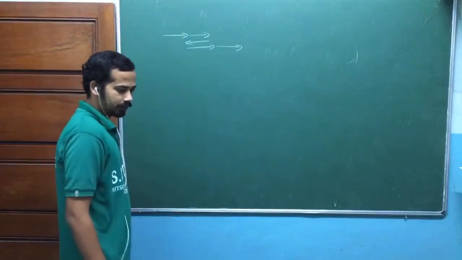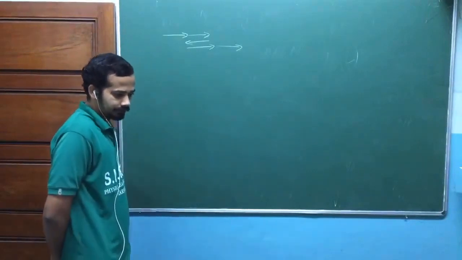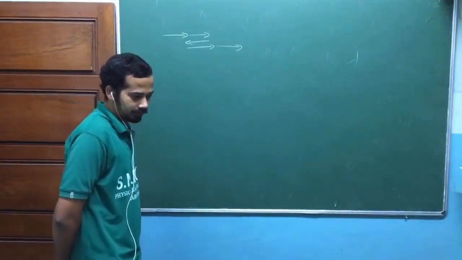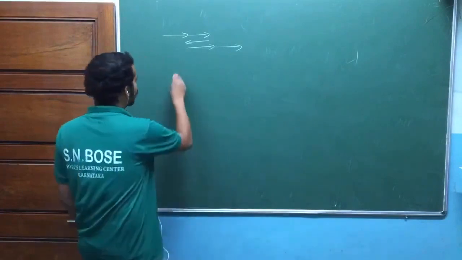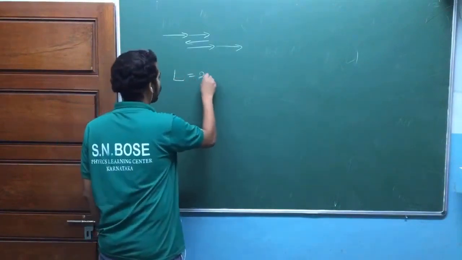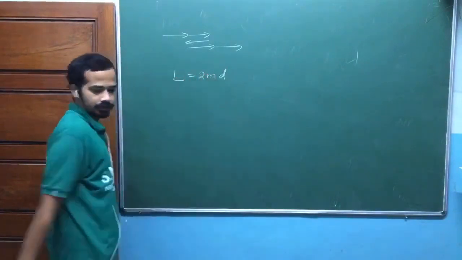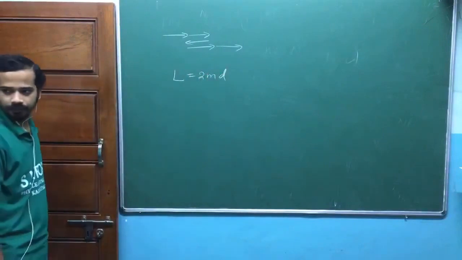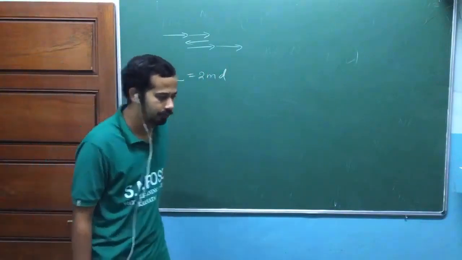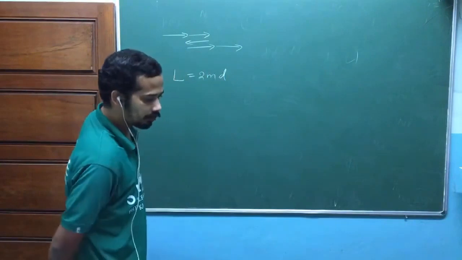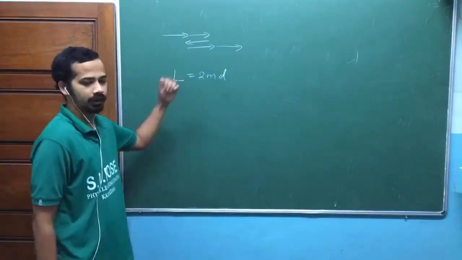Now show that the number of arrangements that give an overall length L equal to 2m times d. Total length is equal to 2m times d. So what is the number of arrangements that gives this total length?